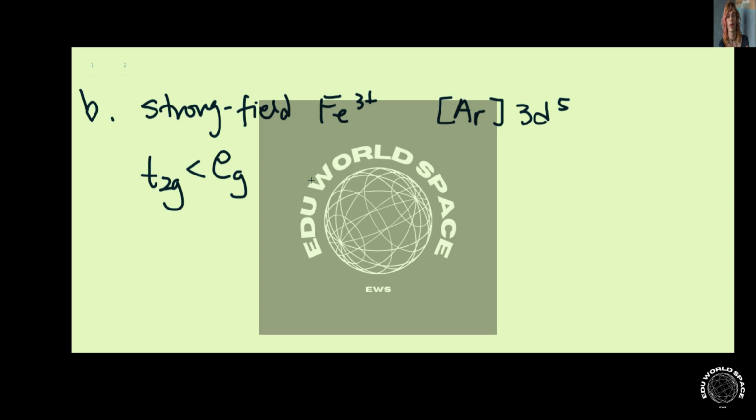And because it's a strong field complex, all the electrons will take place in the lower energy level. So they will preferably be in the T2g orbitals and then go to Eg.